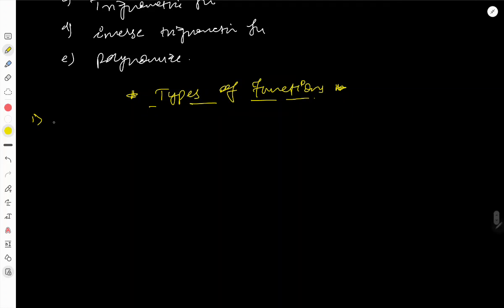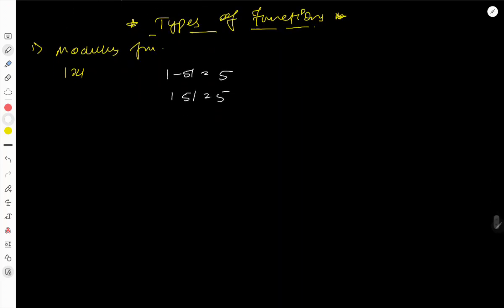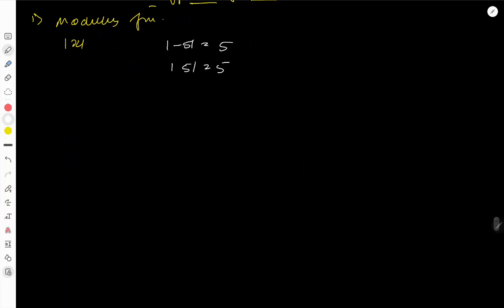So the first function is the modulus function. You might have heard of the term mod x. That is, mod of minus 5 is 5, mod of 5 is also 5. And now let us see what a modulus function actually is.